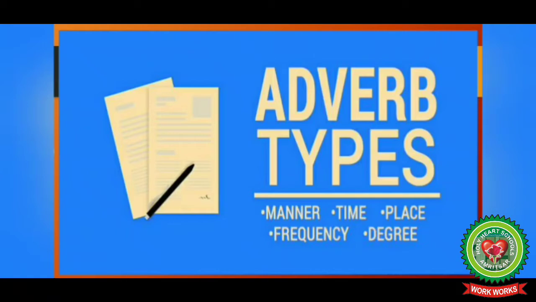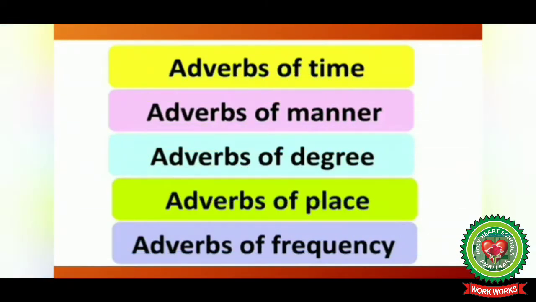Now we will proceed further and continue with our today's topic, that is types of adverbs. We have mainly 5 types of adverbs, which are adverbs of time, adverbs of manner, adverbs of degree, adverbs of place, adverbs of frequency.